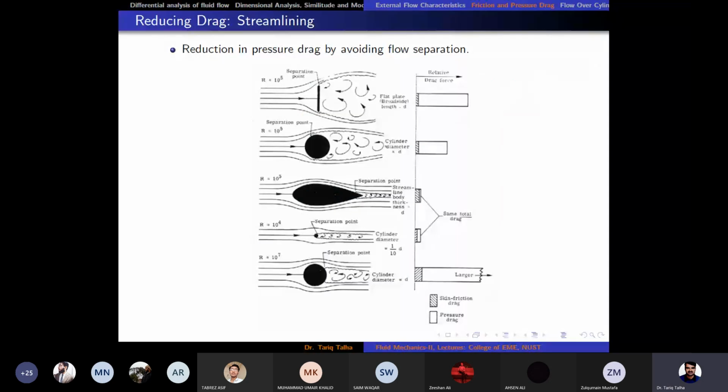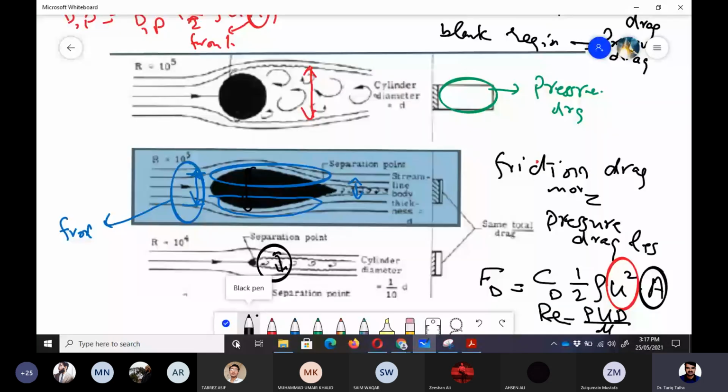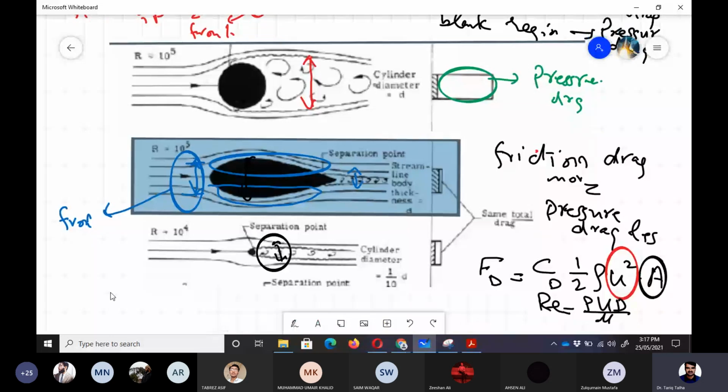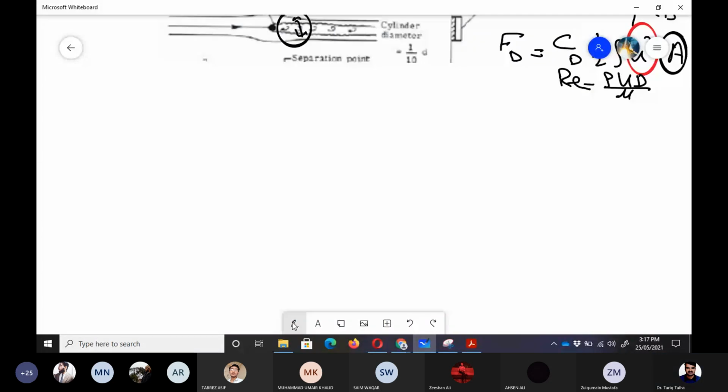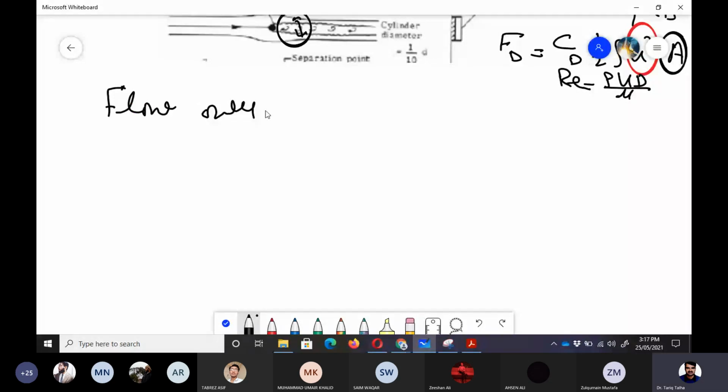So after that, now we are going to apply this knowledge to the flow over cylinder and sphere for different Reynolds number. Flow over cylinders and spheres, right?